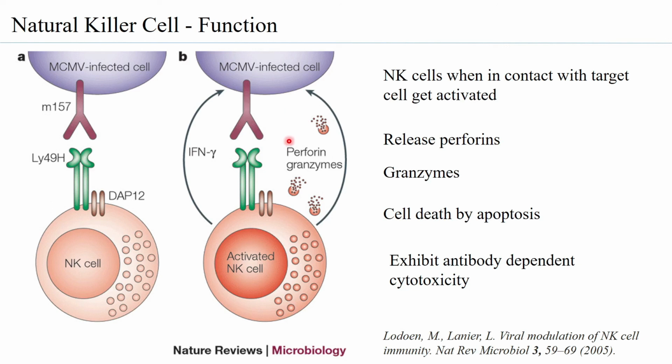The Fc component of the antibody can bind to an Fc receptor on the natural killer cell, and therefore the natural killer cell will get activated because of the Fc receptor binding to the Fc of the antibody. Therefore it is called antibody dependent cytotoxicity, because the antibody, when binding to the natural killer cell, is able to signal the natural killer cell to get activated and carry out cytotoxicity.